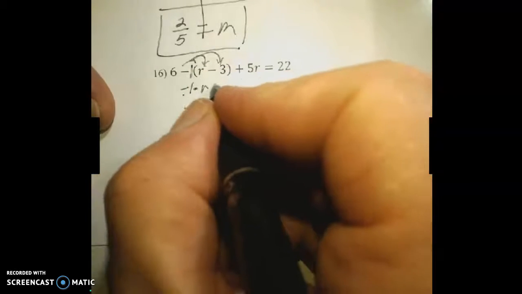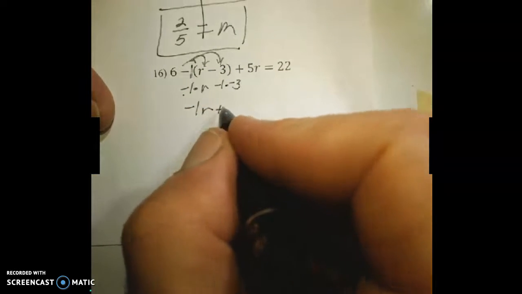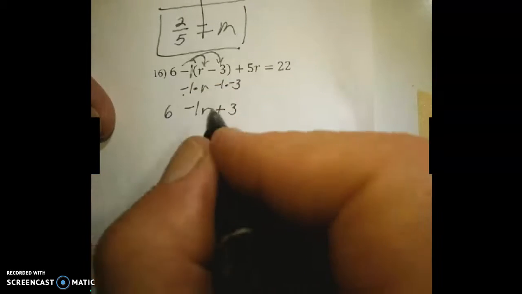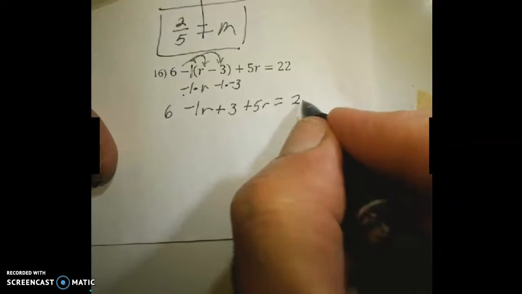-1 times r is a -1r. -1 times -3 is a positive 3. Bring down the rest of the problem. Bring down your 6, don't forget it, plus 5r equals 22.